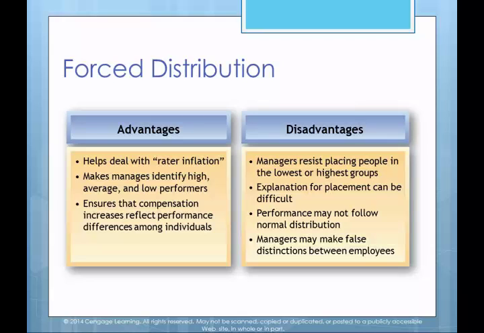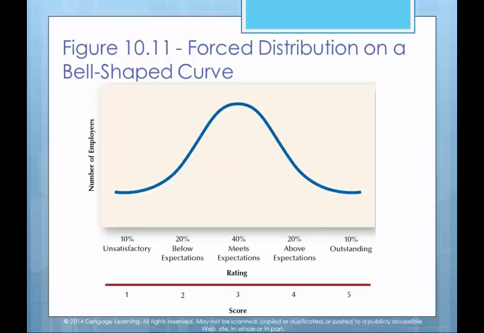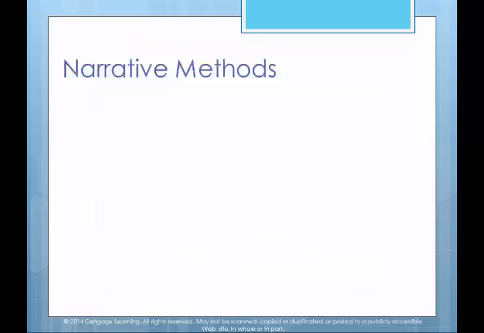We don't take the GE method and force rank into these structures. It creates a lot of discontent in the organization, and firms have been involved in lawsuits because of the forced distribution performance appraisal process. Here is the bell curve. Obviously 10% on each side, 20% on each side, and then 40 in the middle.